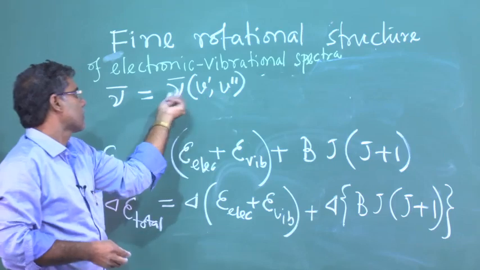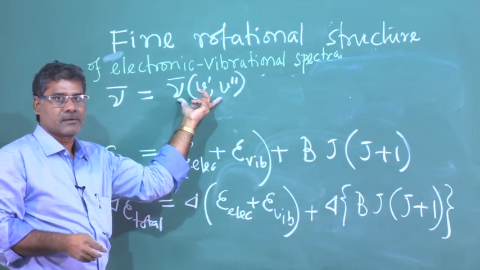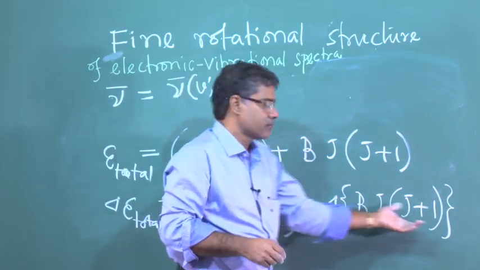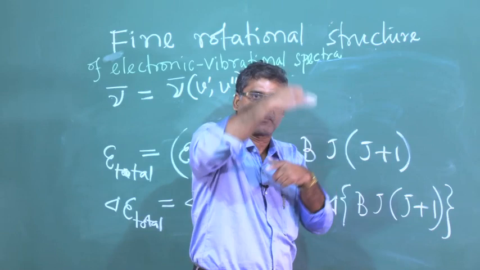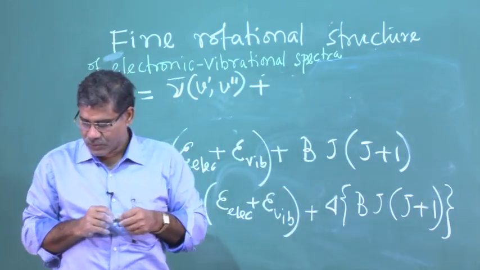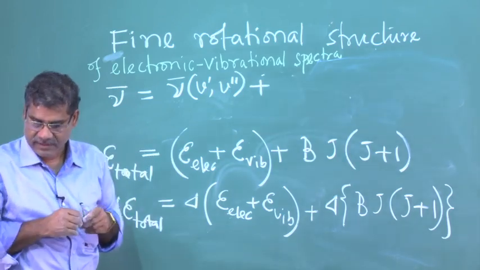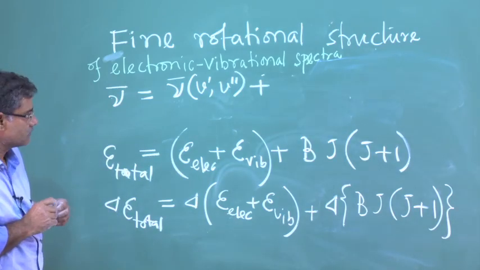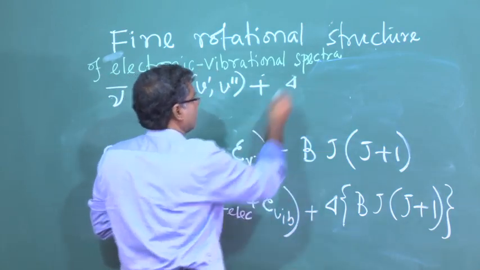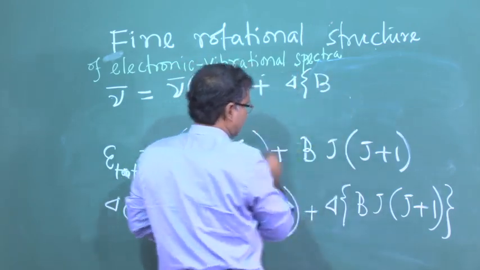Okay. So, this term I am writing, plus now, because of the rotational part, for that transition one should actually write, that one has to think. So, this I can just keep it.